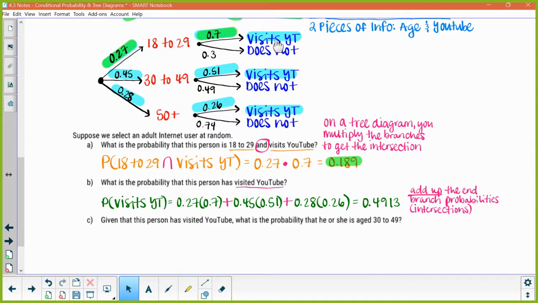That's going to take me down my first path. Add it to 0.45 times 0.51. That gives me my second path. And then add it to 0.28 times 0.26, which is going to give me my third path. And it's going to give me my total of 0.4913.